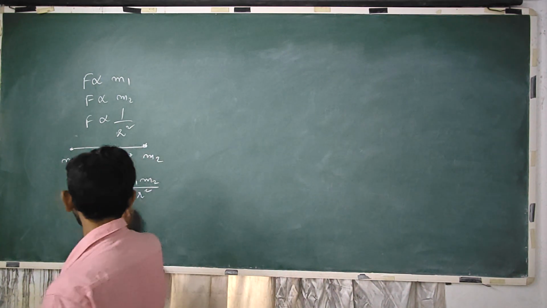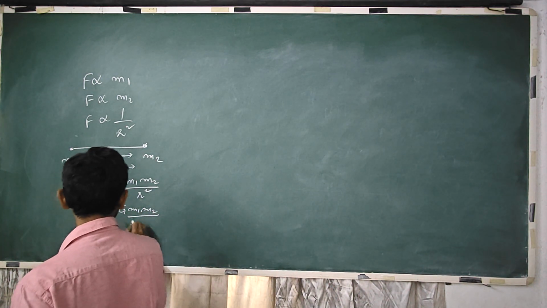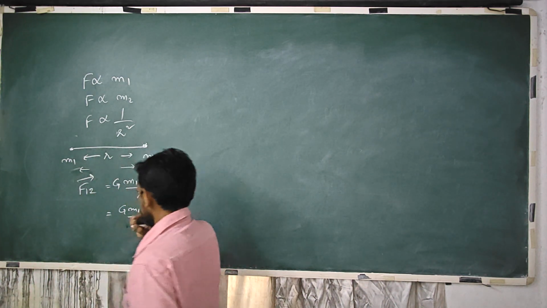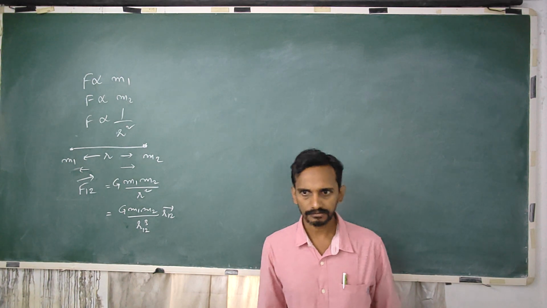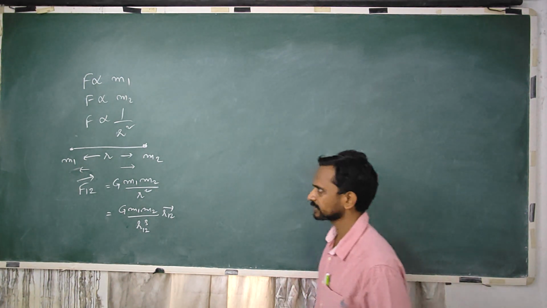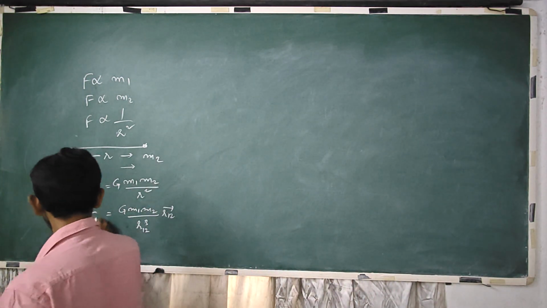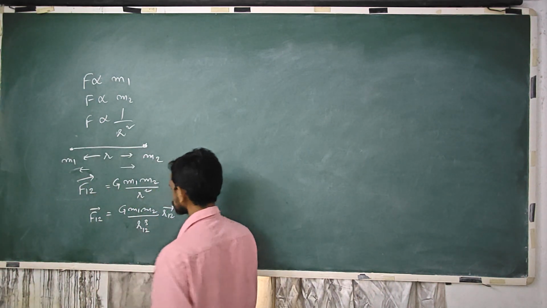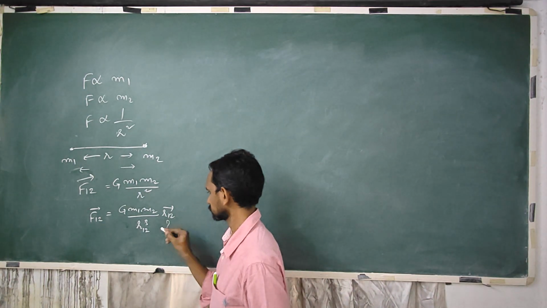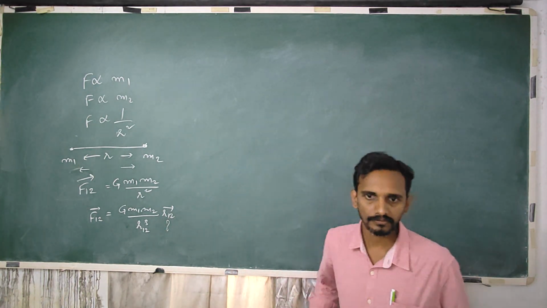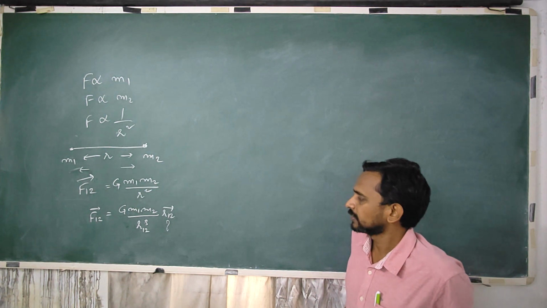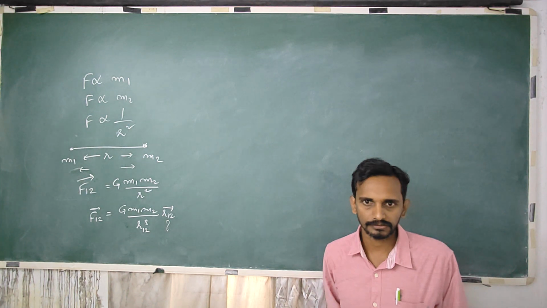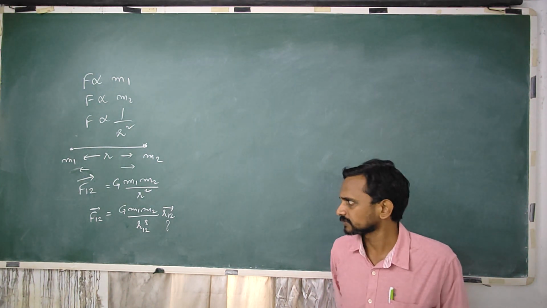So you have to write it as G m1 m2 by r cube, times r12. You should give some direction to it. I mean, you have to separate a unit vector along the direction of force and write the rest of the terms.